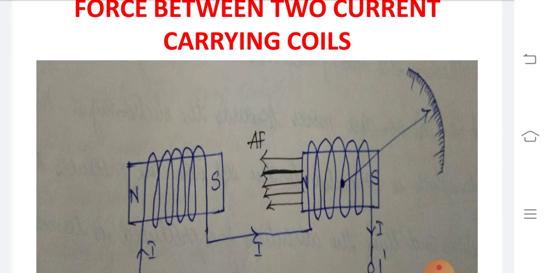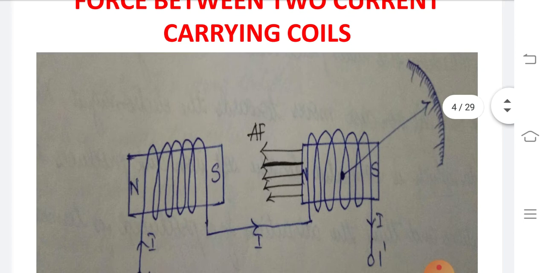So one electromagnet tries to move towards the other electromagnet. Here I have attached a spindle to the second iron bar so that the second iron bar tries to move towards the first iron bar and hence the attached pointer gets deflected. In this way the deflecting force is achieved between two current carrying coils.